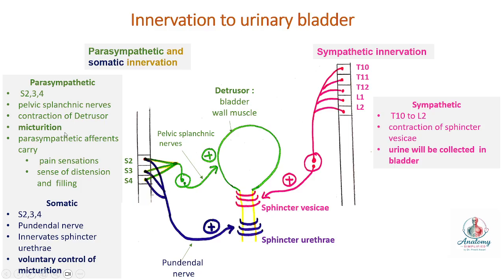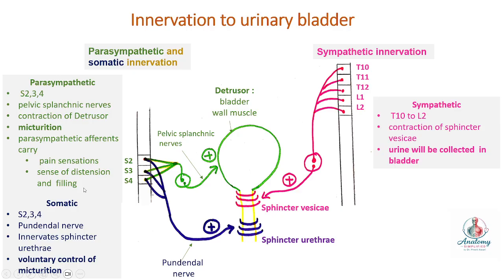What else can the parasympathetic do? In this diagram, I have only shown the efferent component, that is the motor component. But fibers coming back from the bladder wall also enter the spinal cord, going to the same segments. These are called afferent fibers. The afferent parasympathetic fibers, or sensory fibers, carry pain sensation and the sense of distension and filling of the urinary bladder.